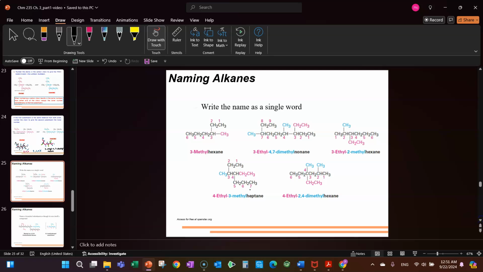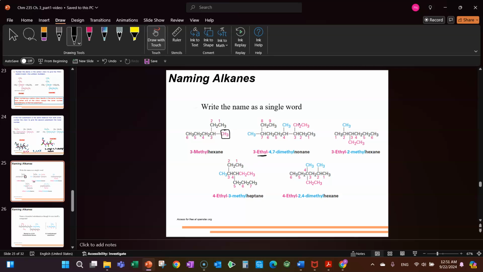Okay, these are some more examples of naming different compounds, and you can look at more examples from your textbook. So this one is a 3-methylhexane, because at the third position, so we remember from here, third position you have a methyl group, so it's 3-methylhexane. Here we have 3-ethyl. Remember, we talked about putting things in alphabetical order.